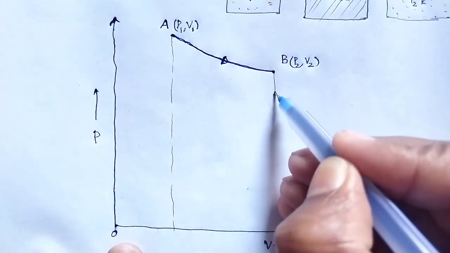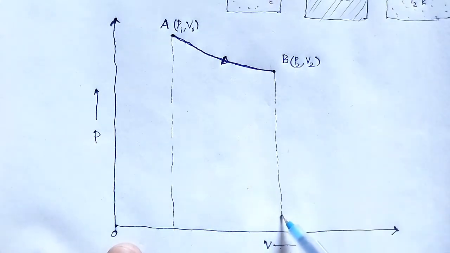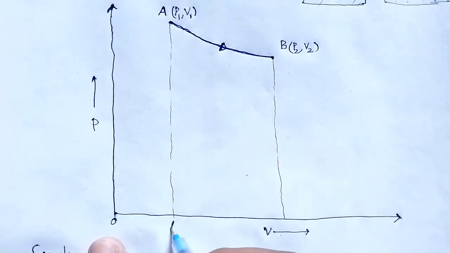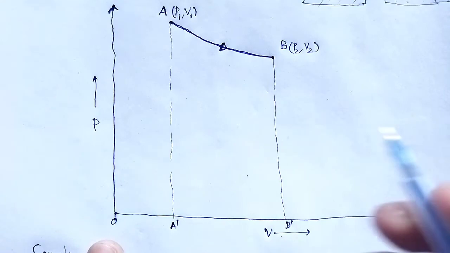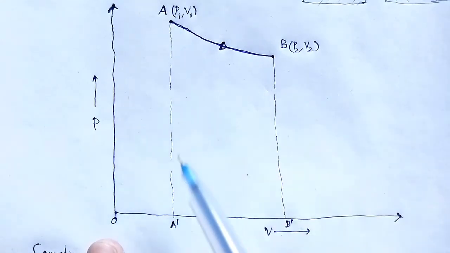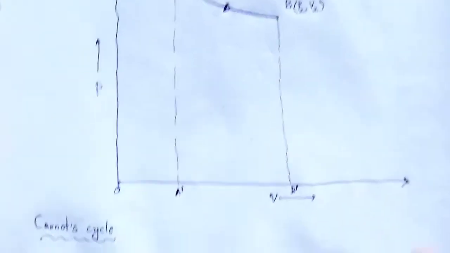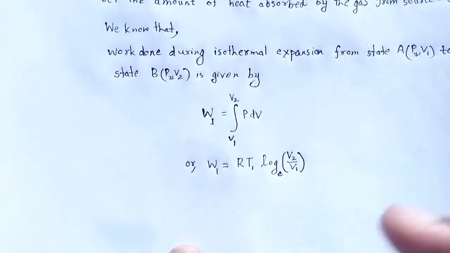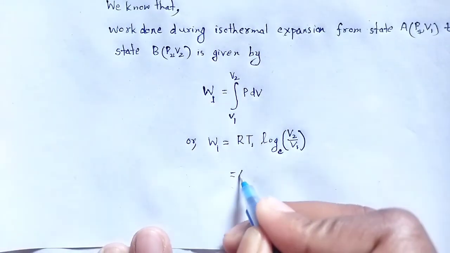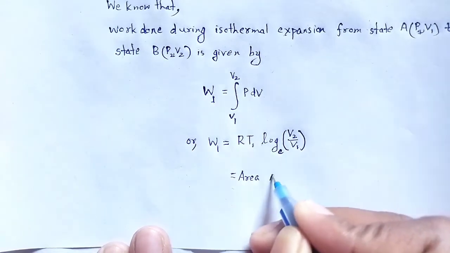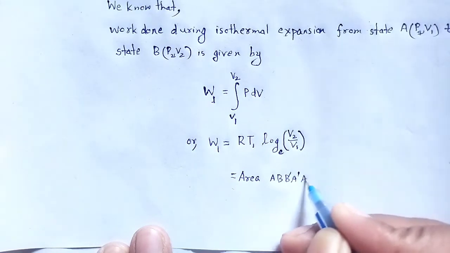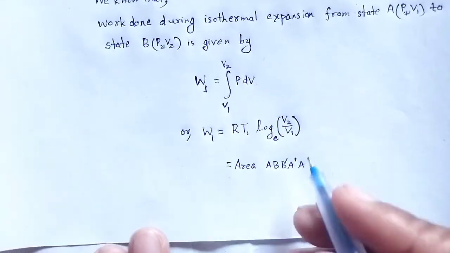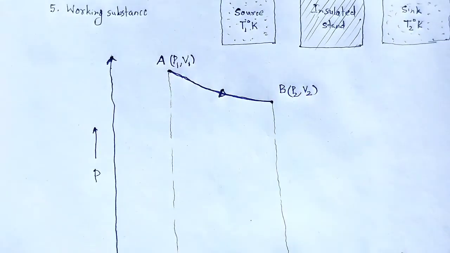The points are A dash and B dash, that means the area under the curve A dash, B dash, B, A. So that work done is the area A, B, B dash, A dash, A, that is the area under the particular curve AB, which is isothermal expansion.